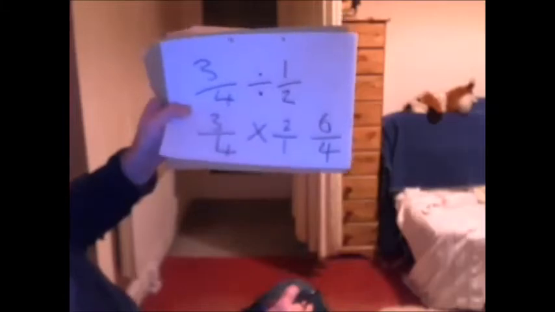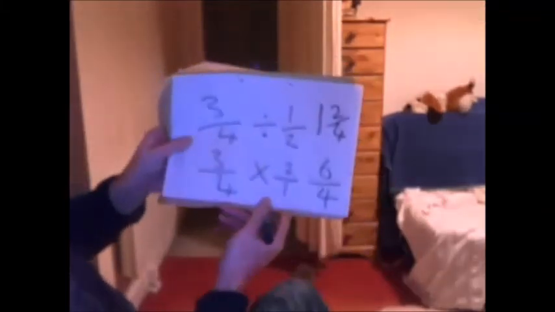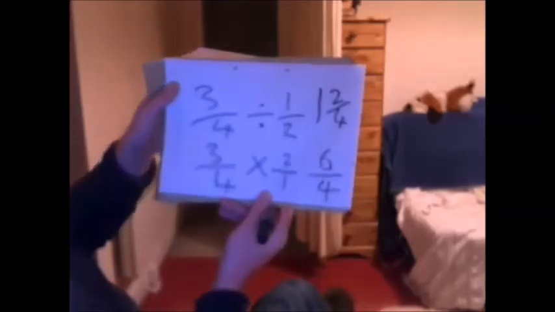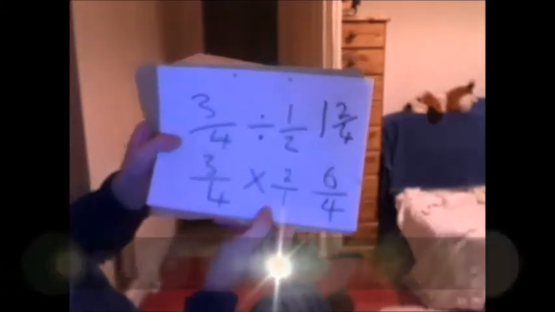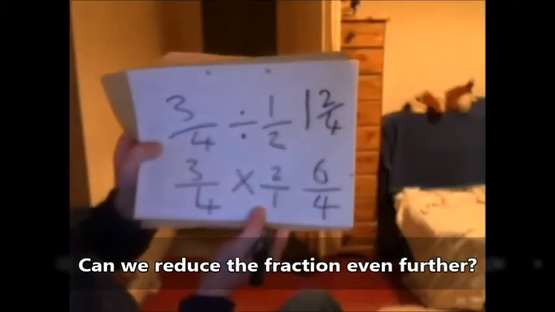And that's 6/4, which is an improper fraction, which is fine and dandy. But you can also show that as 1 and 2/4, because 4 goes into 6 once and it leaves a remainder of 2/4. Nice easy one to finish up on there.